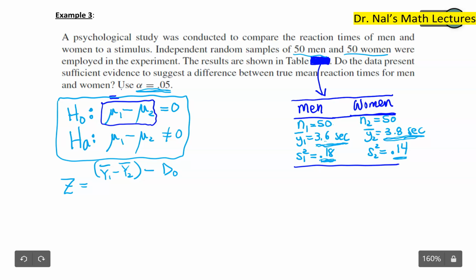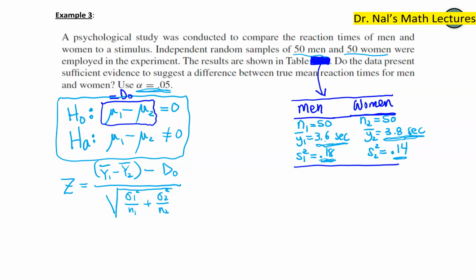And we need to divide all this by the standard error, which we decided to use: sigma 1 square over n1 plus sigma 2 square over n2. That's it. These are the most common ones that we use.